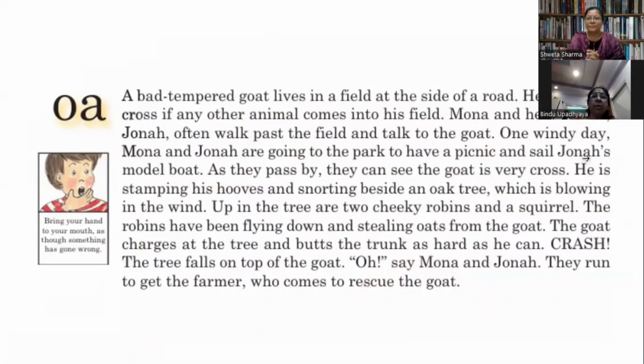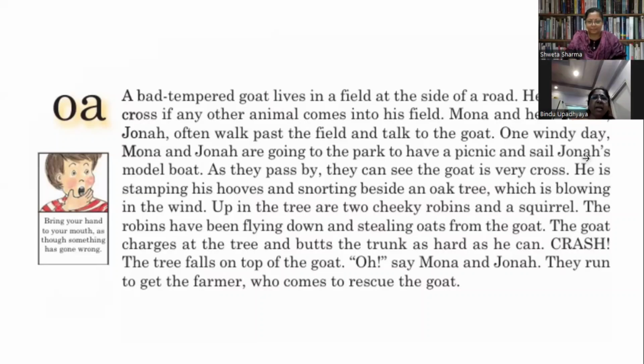A bad-tempered goat lives in a field at the side of a road. He gets very cross if any other animal comes into his field. Mona and her brother Jonah often walk past the field and talk to the goat. One windy day, Mona and Jonah are going to the park to have a picnic and sail Jonah's model boat. As they pass by, they can see the goat is very cross.